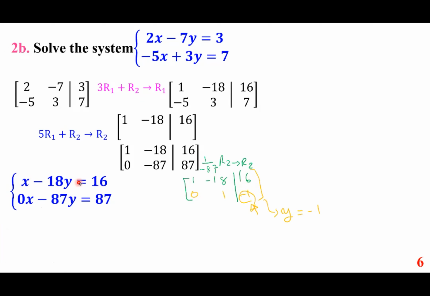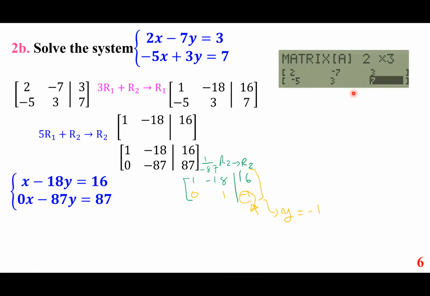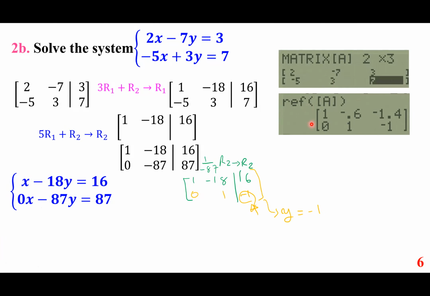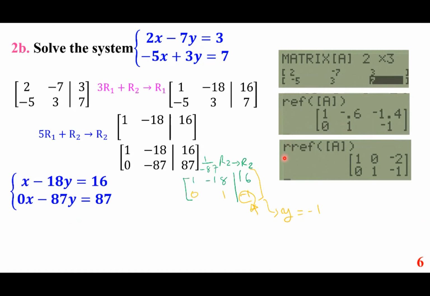So take a look at what we do now. We put the matrix in, and if you do REF, row echelon form, this is what we get. Again, it doesn't have to look like yours. What is important is that this should give you the same answer, which means y equals -1. Now, if you do RREF, reduced row echelon form, you don't have to do anything.